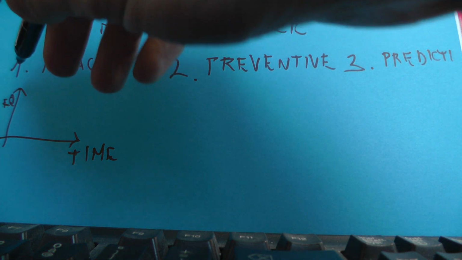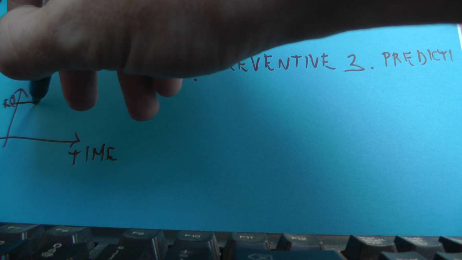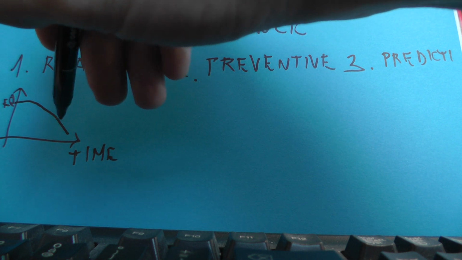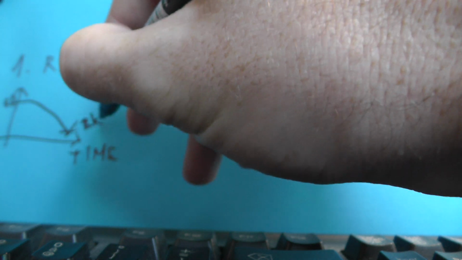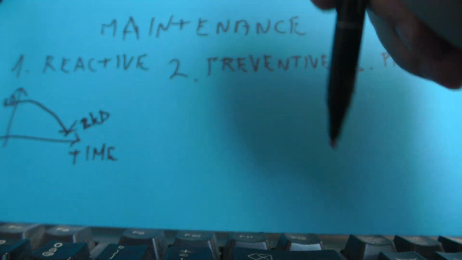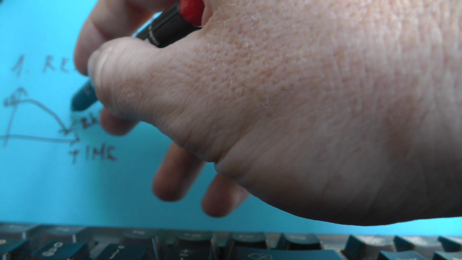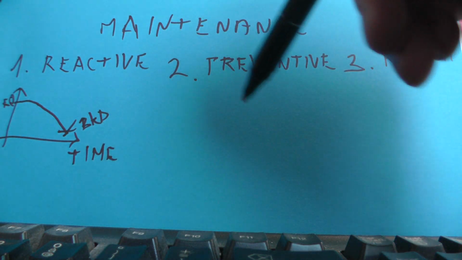And equipment is working somewhere here, and here is a breakdown. And after that we have to solve the problem, and again we start from here below, and next breakdown.